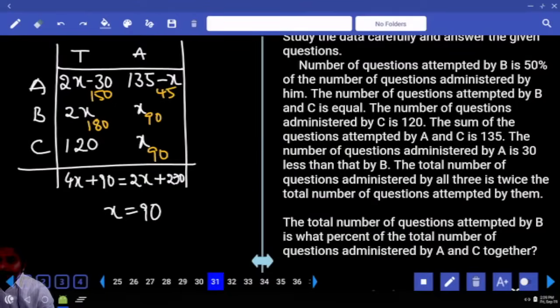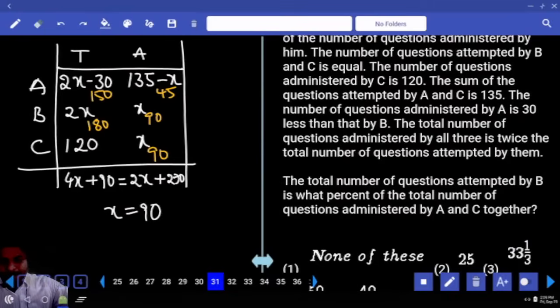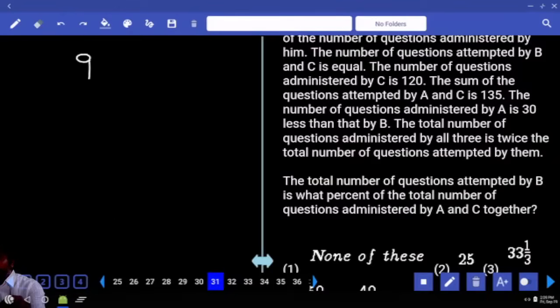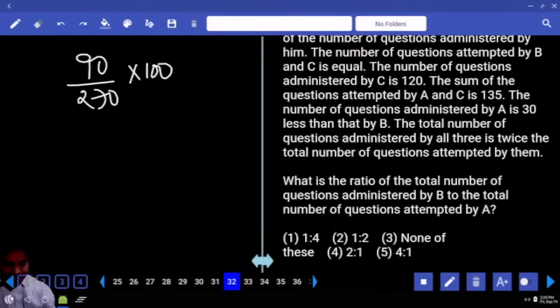Got it? Come on. Total number of questions attempted by B is what percent of the number of questions administered by AC together? Attempted by B 90, administered by A and C 150, 120, 90 upon fractional form, 1/3, meaning third option.